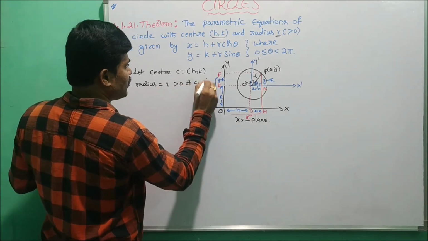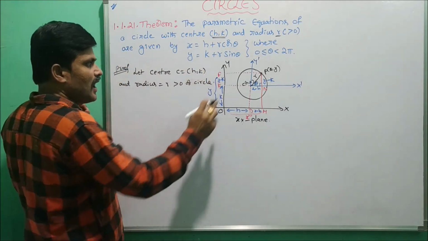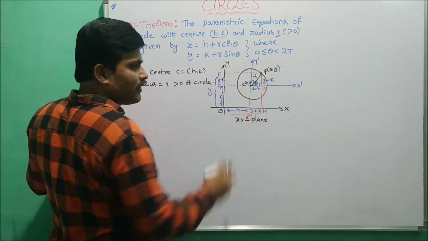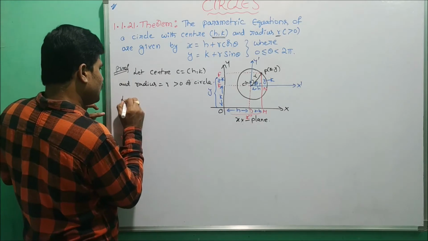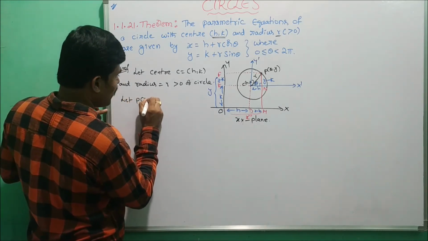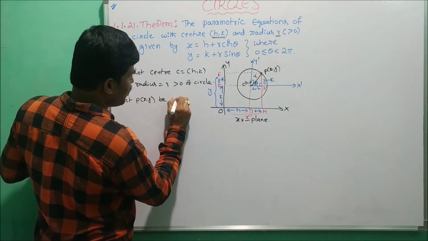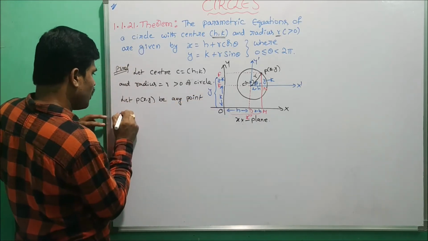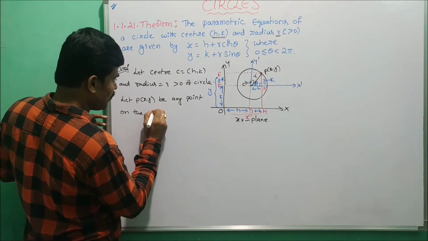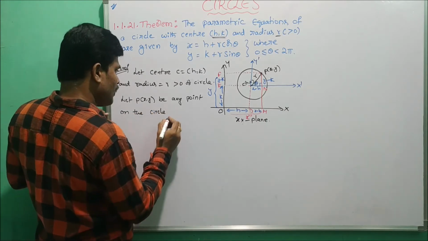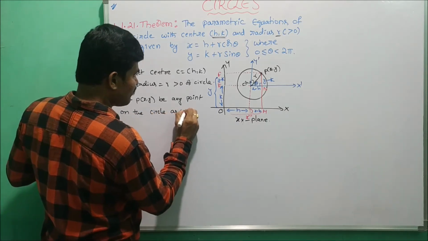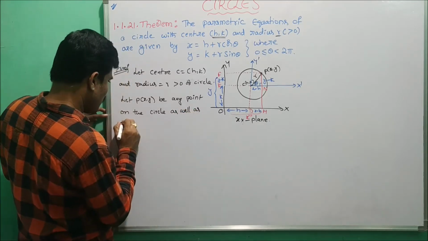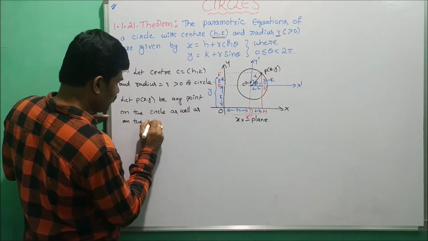We take one point on the circle, that is P(x, y). Let P(x, y) be any point on the circle as well as on the xy plane.